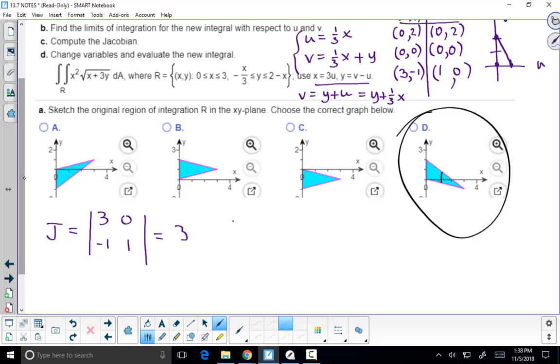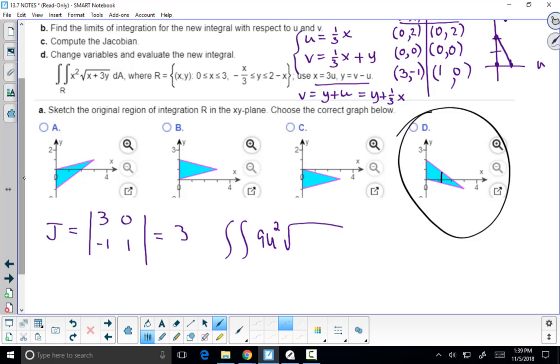That means our integral, we have x squared. We said that we're going to let x be 3u, so that's going to be 9u squared. And then we have to replace that square root with what it's equal to in terms of u and v.